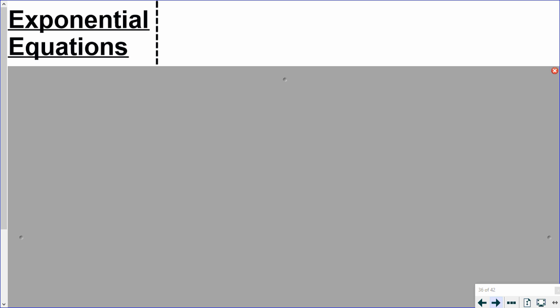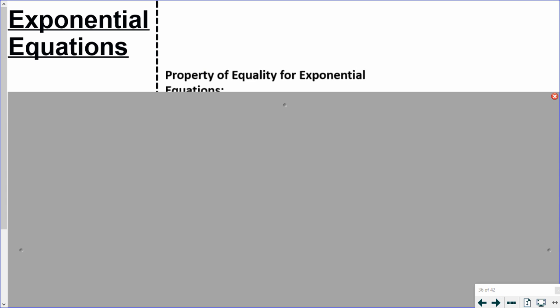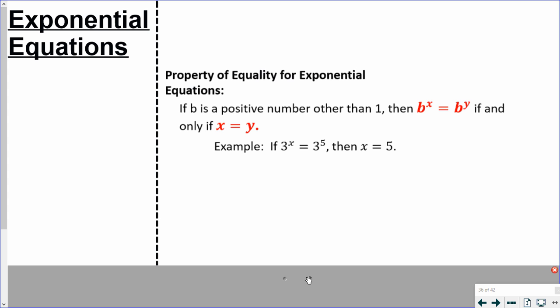All right, so exponential equations is our only main idea, so write that in the left-hand column. So here's a property for exponential equations. If b is a positive number other than 1, then b to the x power equals b to the y power if and only if x equals y.